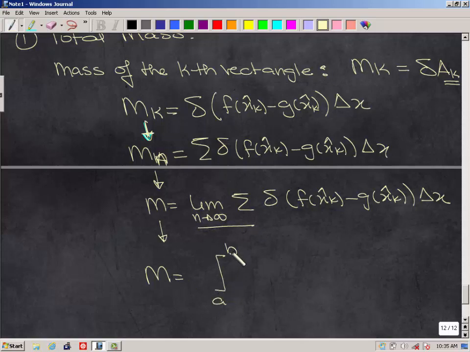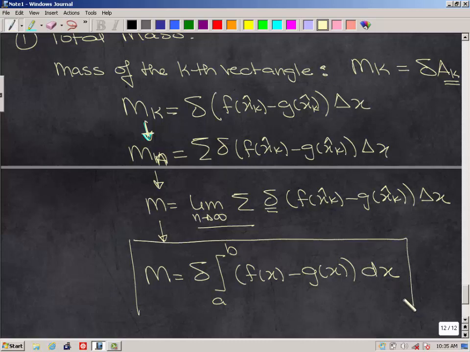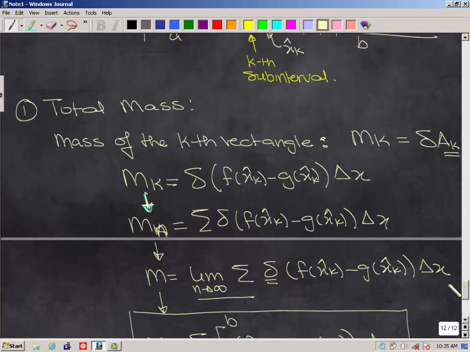In this case it will be a to b. Delta is a constant, so I can pull it out. We get f of x hat sub k just becomes f of x, g of x hat sub k becomes g of x, and delta x becomes dx. So here's the formula for the mass of that lamina.